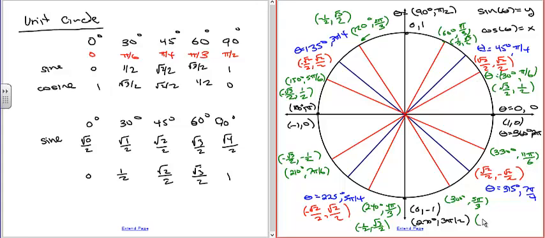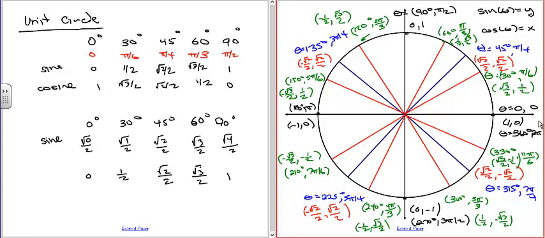So we get positive a half, negative the square root of 3 over 2. And then finally here we have a value close to 1 for the x value. So it's going to be positive the square root of 3 over 2, negative 1/2. And there you got it.